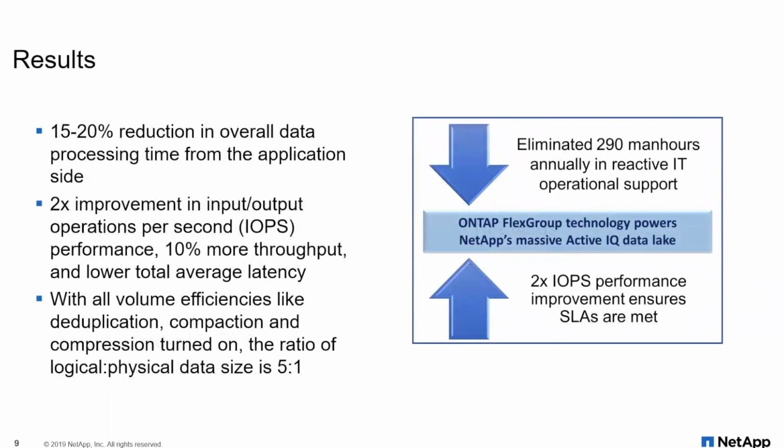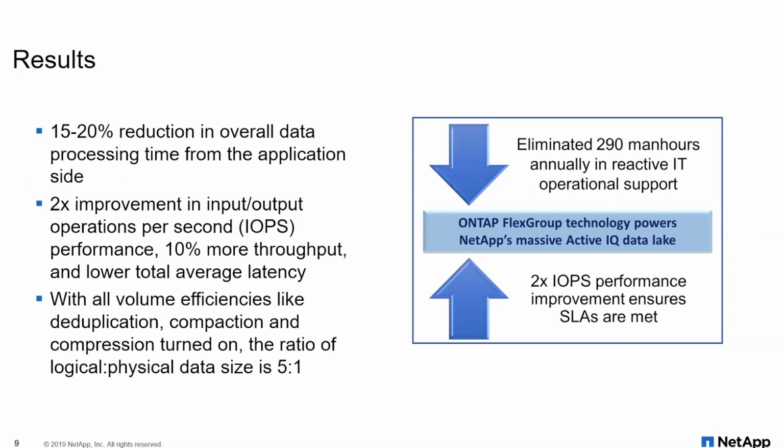So what were the results? After we deployed FlexGroups, there was a 15 to 20% reduction in the overall data processing time. This is the time from when ActiveIQ ingests data to the time we store it on disk. We measured it using multiple tools on the application side, and we use Grafana OCI.